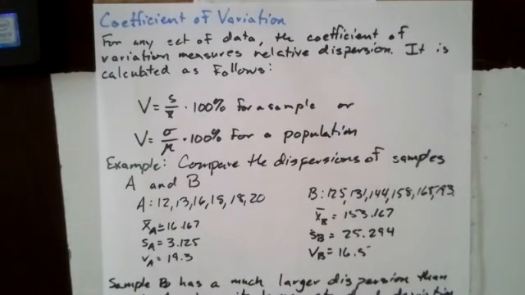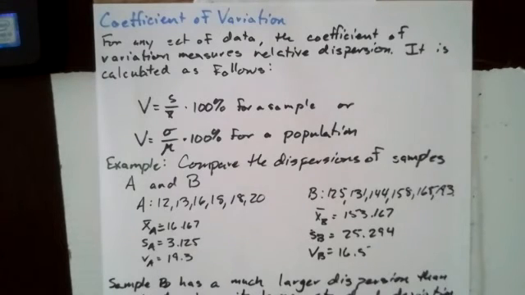The coefficient of variation. For any set of data, the coefficient of variation measures relative dispersion. It is calculated as follows. V equals S over X bar times 100% for a sample, or V equals sigma over mu times 100% for a population.